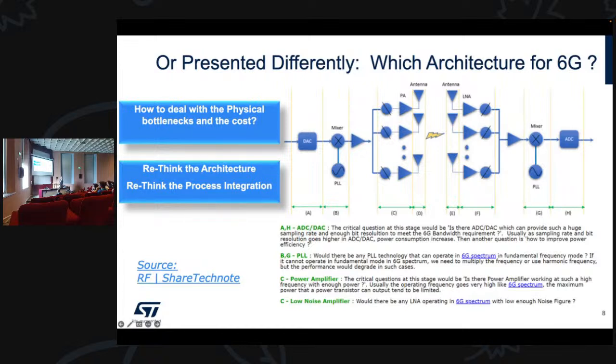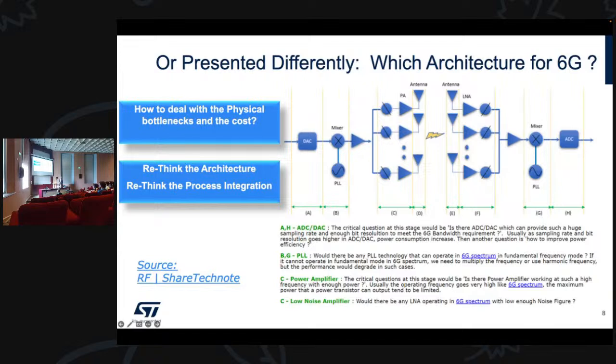For the power amplifier, the issue is that the carrier frequency is at a very high frequency with wideband, and the classic processes we use for the civil market can't reach these frequencies. And for the low noise amplifier, obviously, this is the noise figure at these frequencies, which are very high.